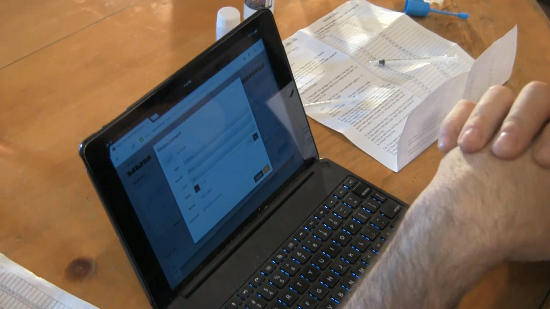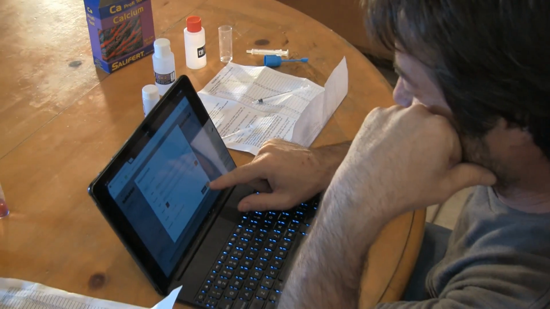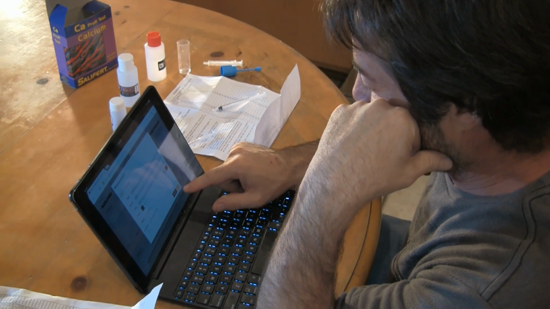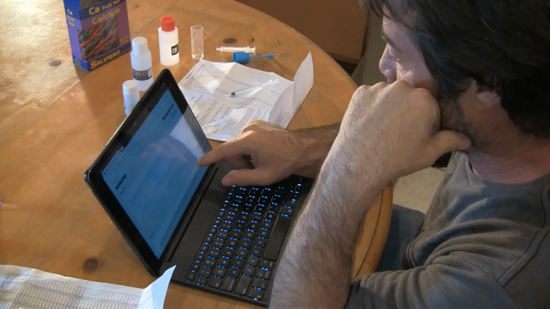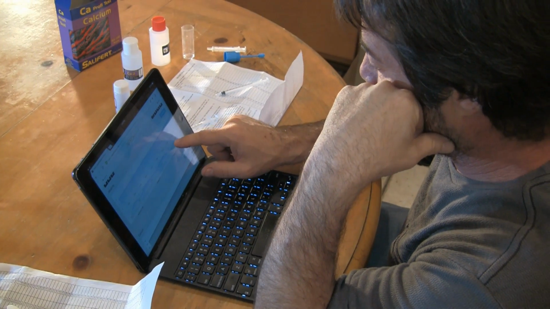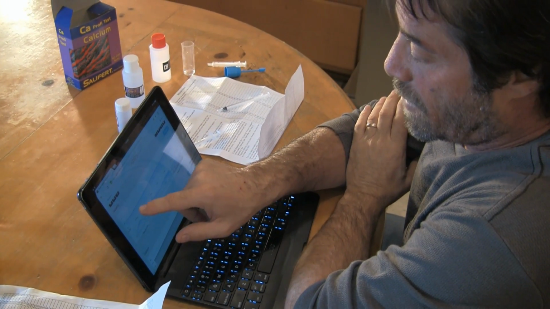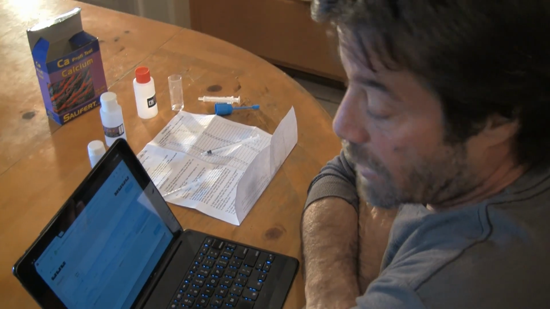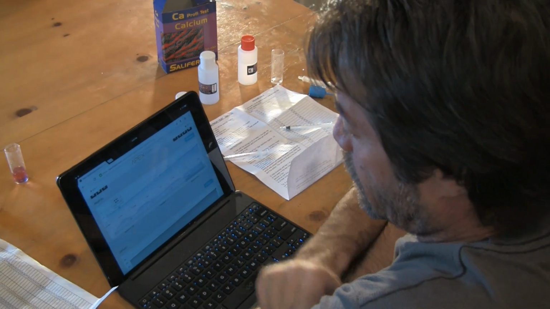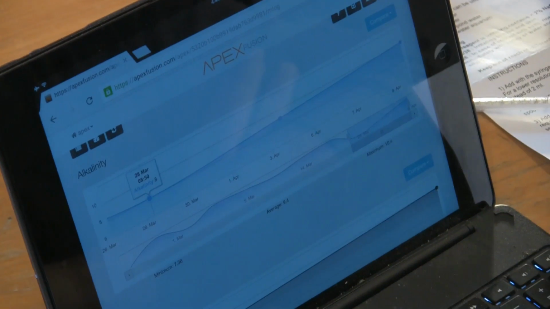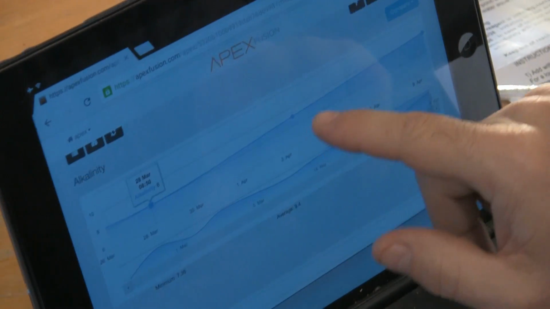What this tells me is, let me bring up my graph here, and I can explain where we're at. On or about the 30th of March is when I turned the CO2 back onto the reactor.